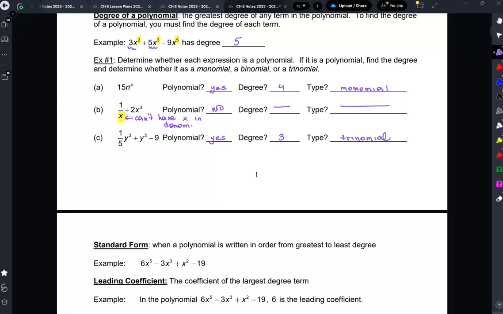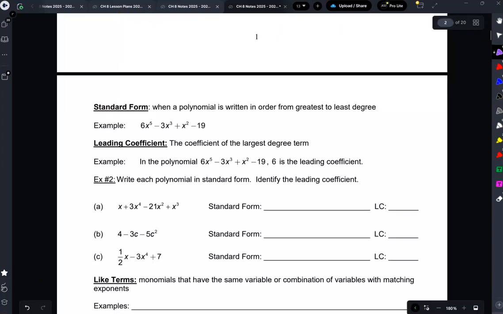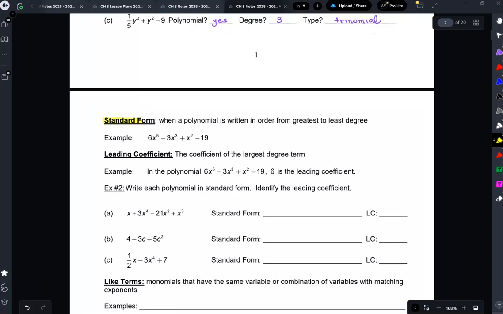Okay. Now, how do we put a polynomial in standard form? A polynomial is in standard form when it's written in order of greatest to least degree.